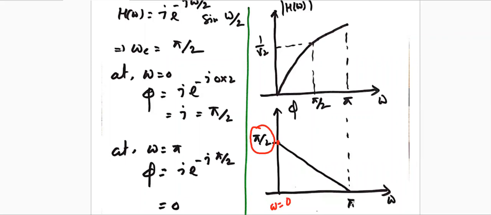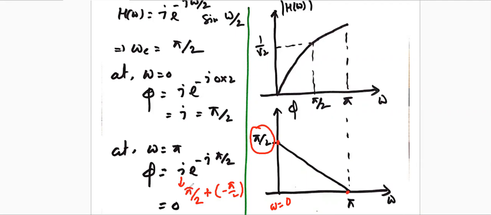At omega equals pi, it will be j e to the power minus j pi by 2. Now, how do we do the calculation? j equals pi by 2, and then multiplication means addition, then we have minus pi by 2. So in all the cases, if we consider it, it gives 0 degree.